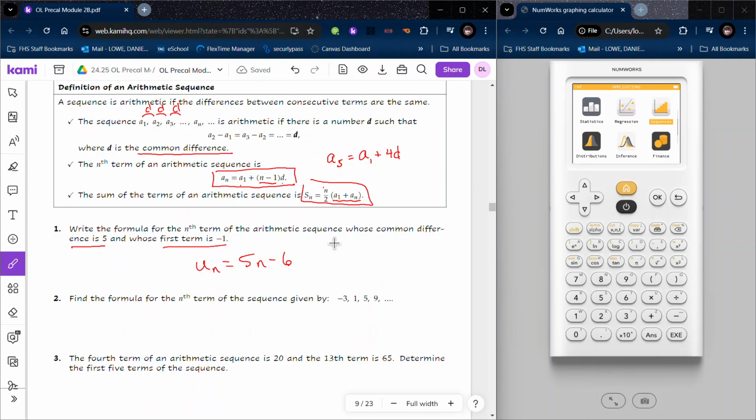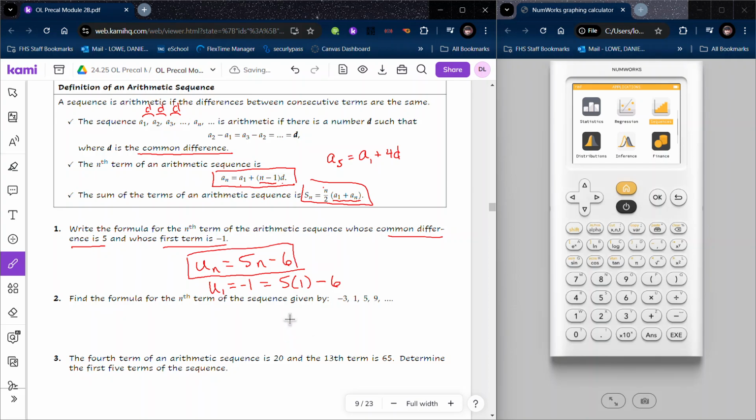Well, I know that the 5n is going to be related to my common difference, right? So if I have a common difference of 5, that means I'm adding 5 each time, and repeated addition is multiplication. But then I need u sub 1 to be -1, and that's going to be 5 times 1 minus 6. So I've got to figure out what number makes my formula work.